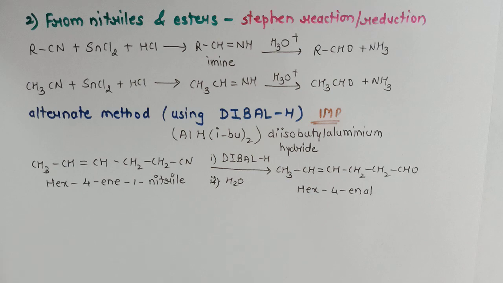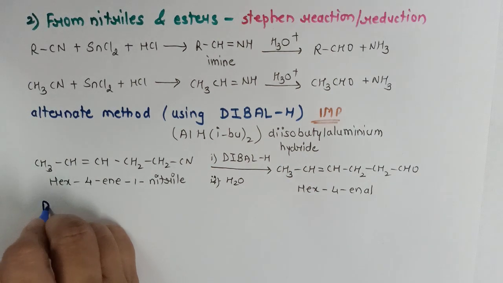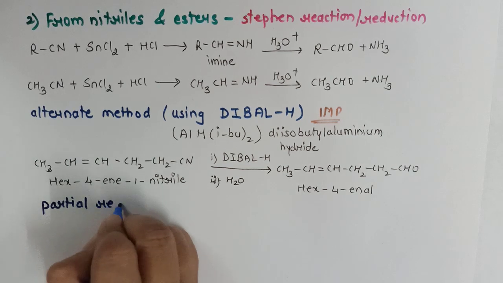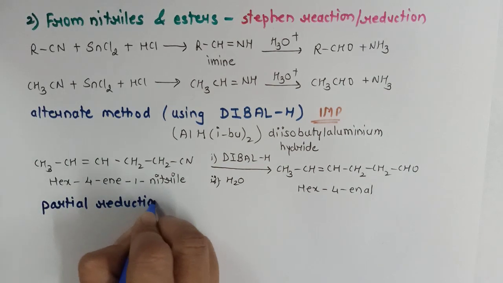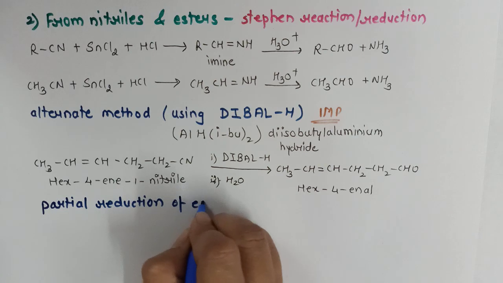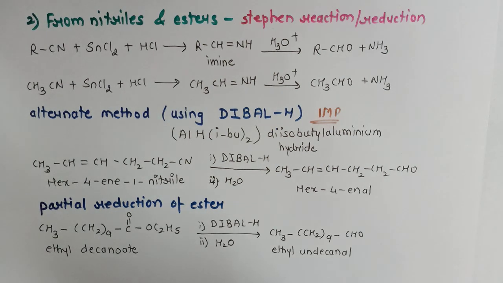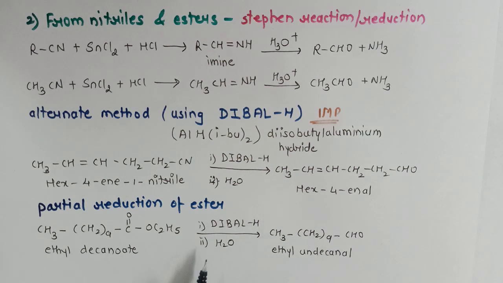Moving on to the next method, it is the partial reduction of esters. Even esters can be reduced by using DIBAL-H. Esters such as ethyl decanoate, when reduced by DIBAL-H followed by hydrolysis, will give us aldehyde directly, undecanal.